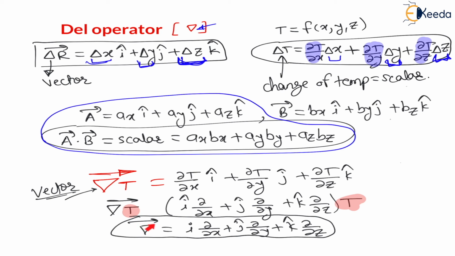Now, my dear students, this del operator is not a vector quantity. Here I have shown the arrow, but it is not a vector quantity. It is just an operator. It is a vector operator. Here I will write this del operator. Just now we have seen del r, that is the change in r vector, will be del x i cap plus del y j cap plus del z k cap.